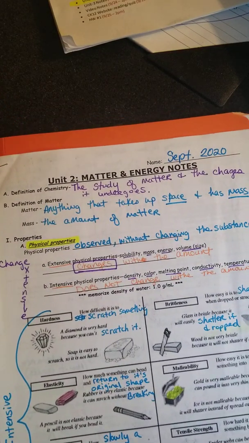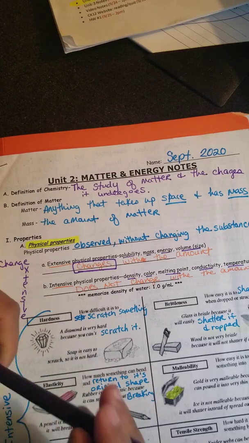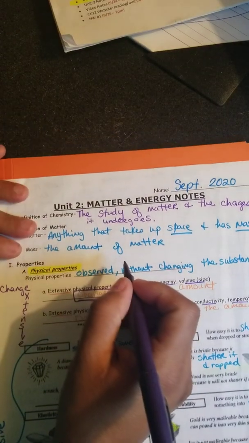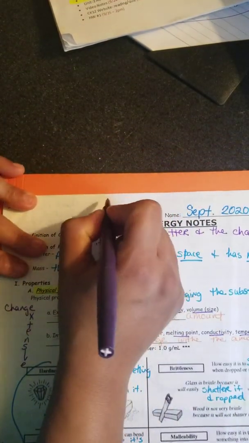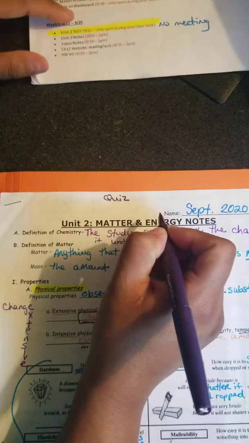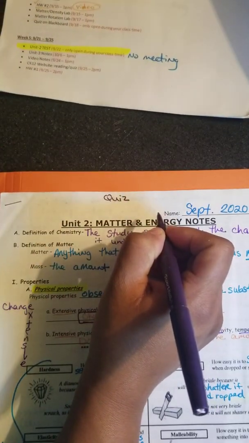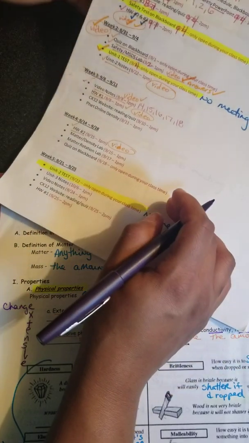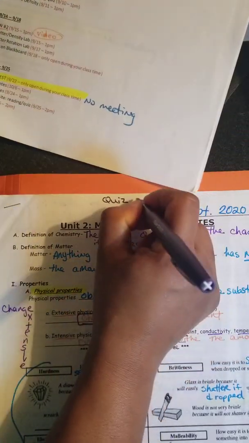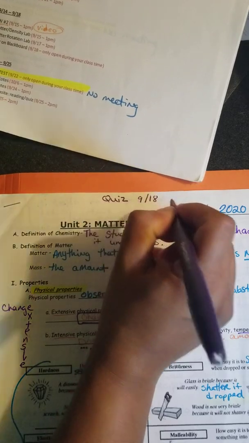Okay, let's look. I think this is going to be part 3 of our notes. Before I go any further, I want to go ahead and put at the top of the notes, just for myself, as we reference through it, so I continuously see it: the quiz for this unit is going to be, let's look, I'm looking at our calendar, it looks like it's going to be on 9/18.